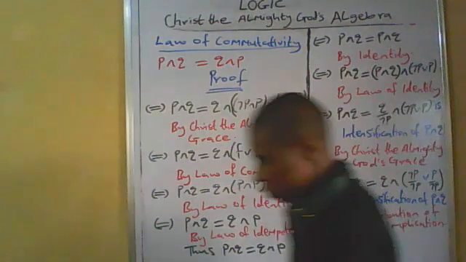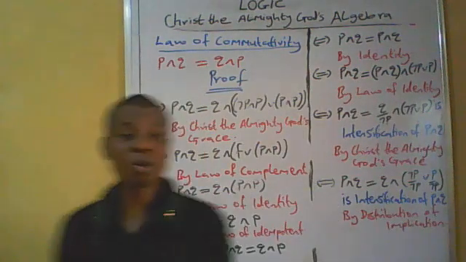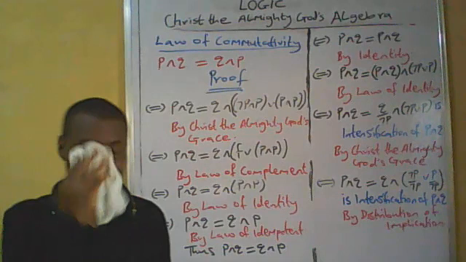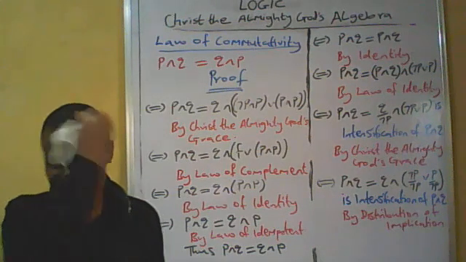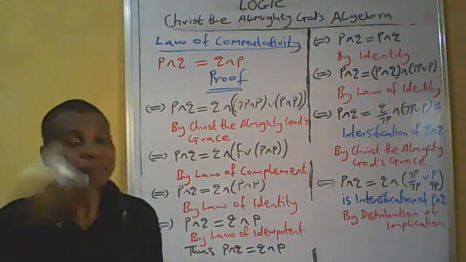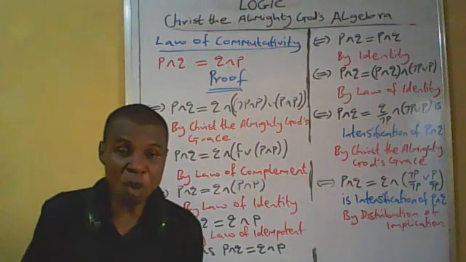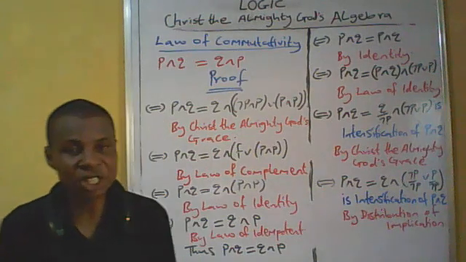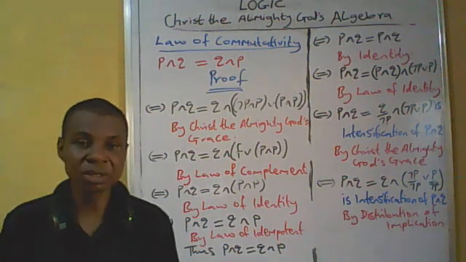Now we are going to prove the converse so that by the principle of exceptionality, we then establish that law of commutativity exists.